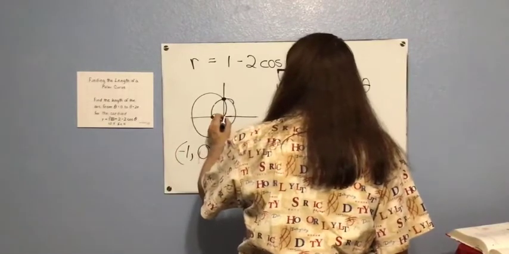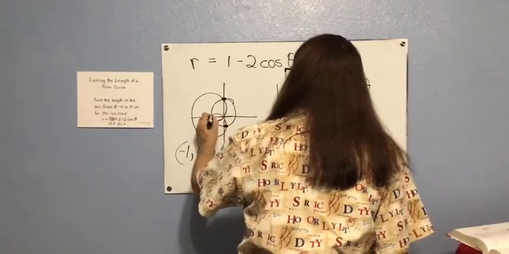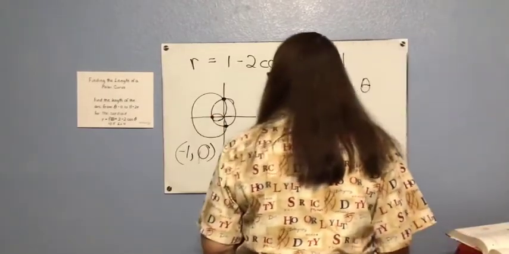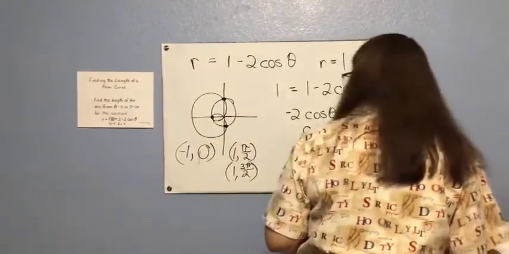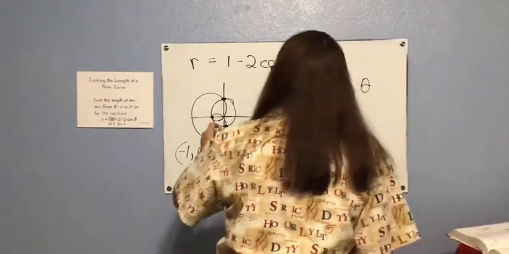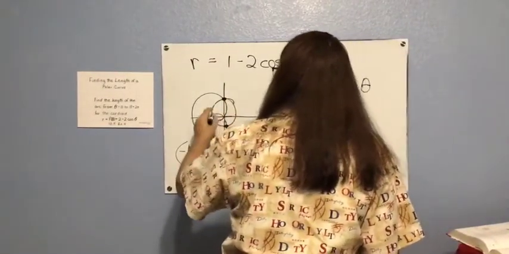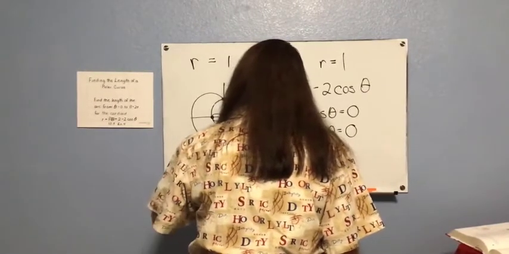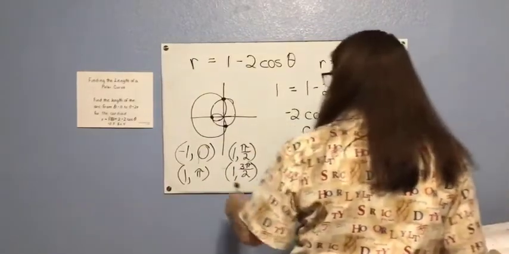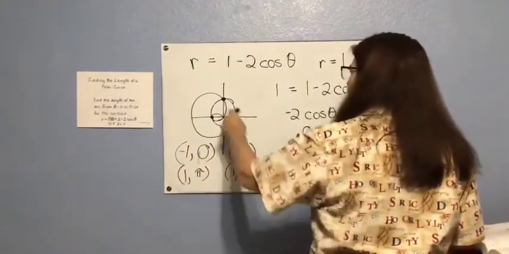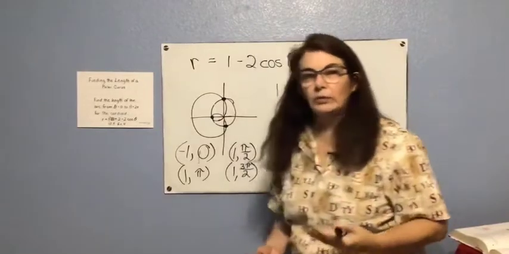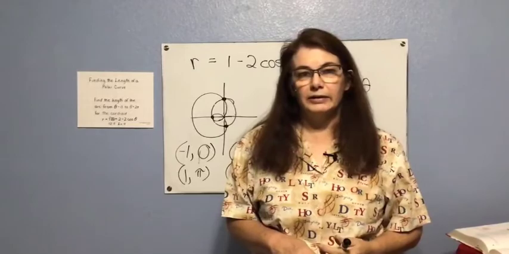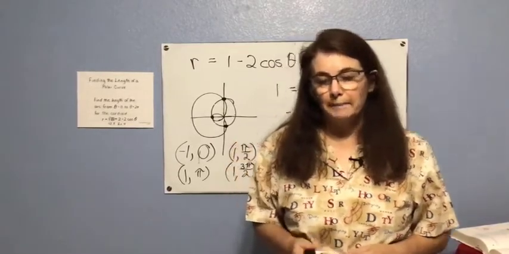Because if from the center of the circle I go backwards 1 and then I don't rotate at all, that's where I am. But I could also say, well, if I have a radius of 1 and I go around pi, that's the same point. So I just have to look out for that when I'm looking at curves. That's just one more reason that you should always make a sketch or graph curves in your calculator before you attack the problem.